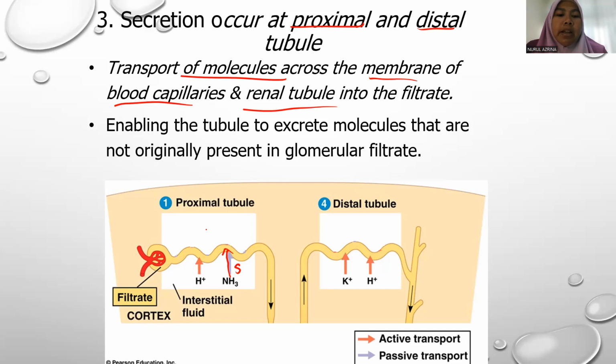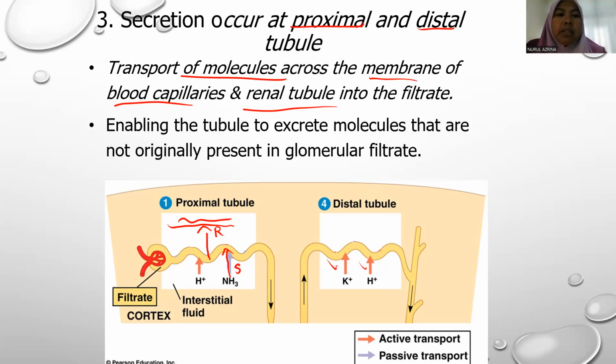But if the arrow is from the filtrate out into the surrounding tissue or capillary, this process is actually referring to reabsorption. So again, this arrow shows the movement of molecules, solutes or ions from the blood capillary, or from the surrounding tissue, into the filtrate within the excretory tubule.